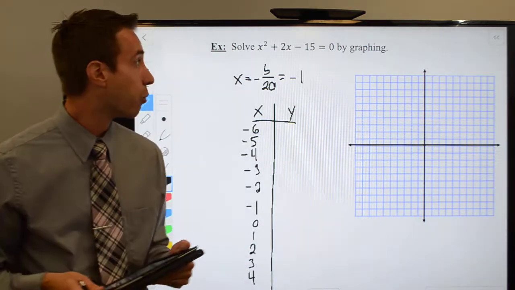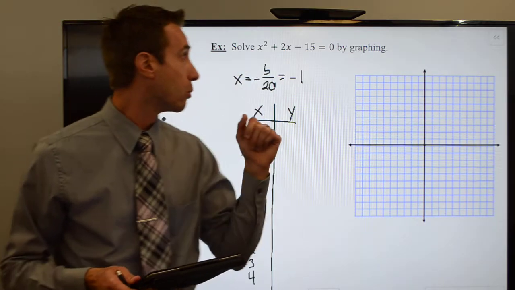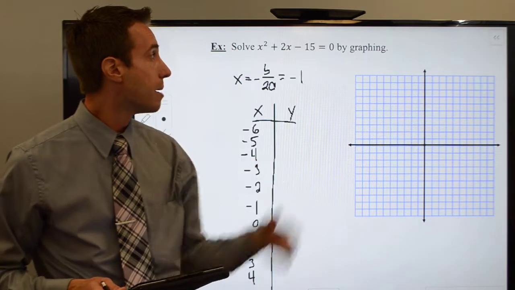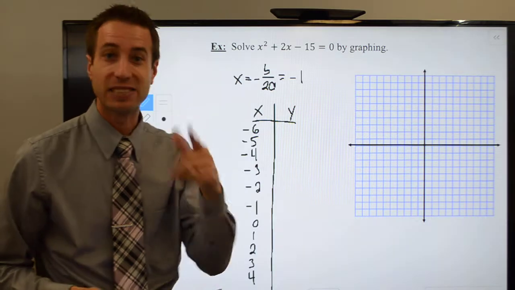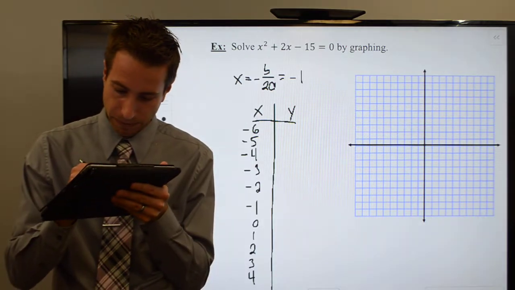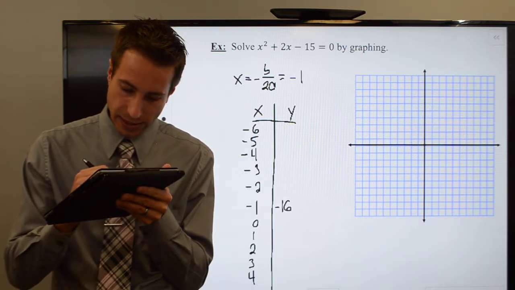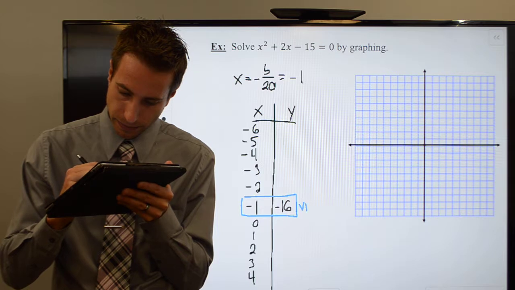I plug a negative 1 into my equation. Negative 1 squared would be 1. Negative 1 times 2 would be a negative 2. So 1 minus 2 would be a minus 1. And then negative 15 would be a minus 16. Again, remember that that represents my vertex.